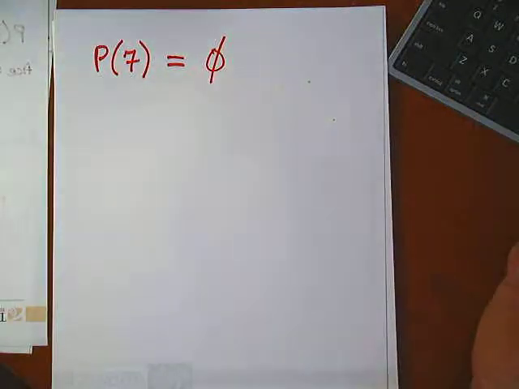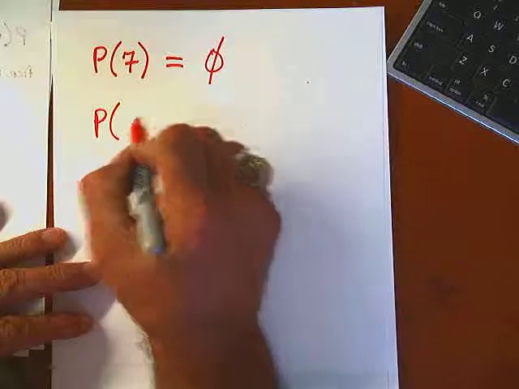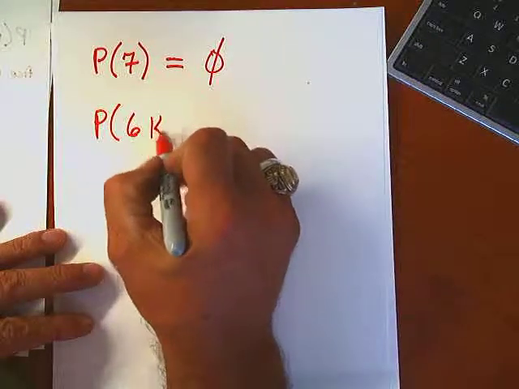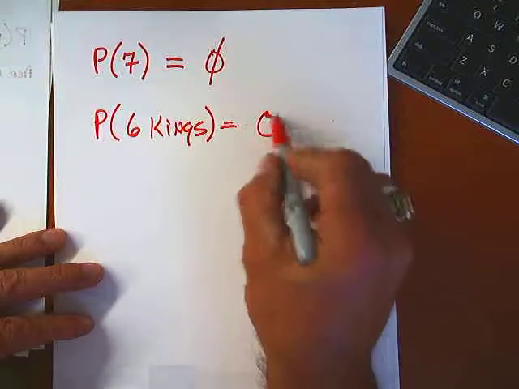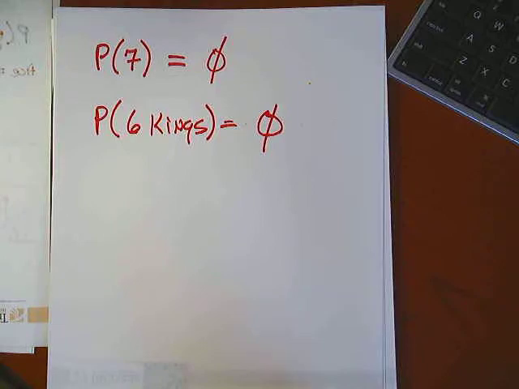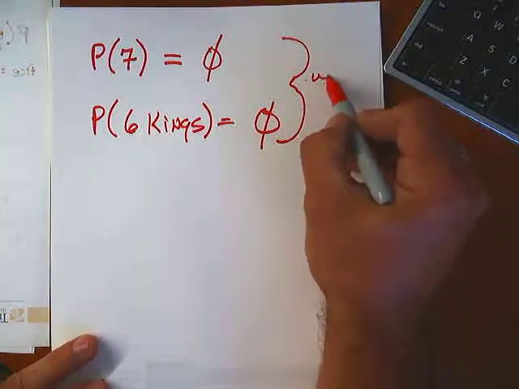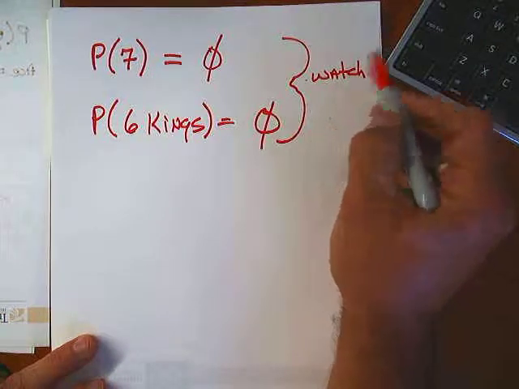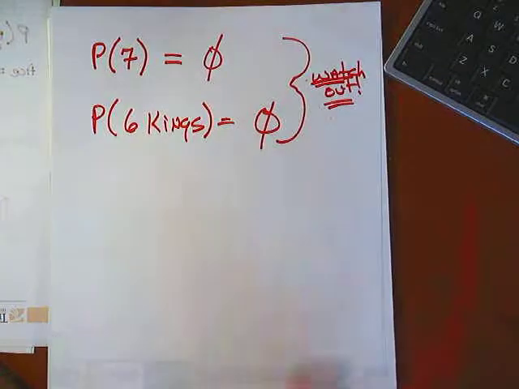And then there's some questions that might try to trick you. Like, for instance, what is the probability of rolling a 7 on a die? Well, it's 0. Why? Because you can't roll a 7 on a die. What is the probability of getting 6 kings out of a deck of cards? 0.